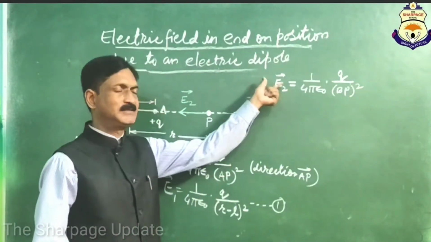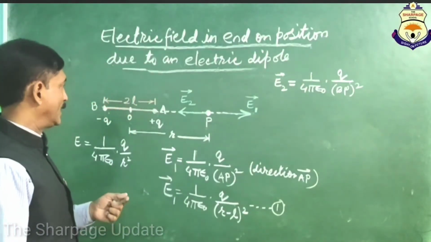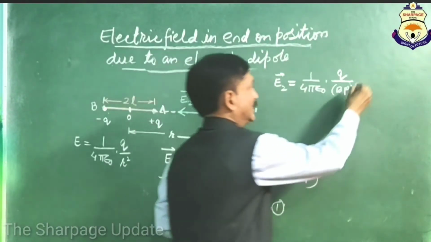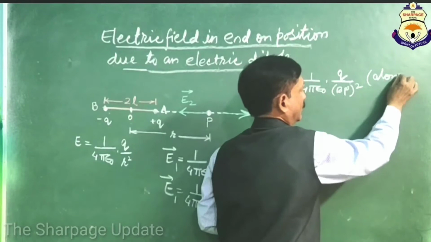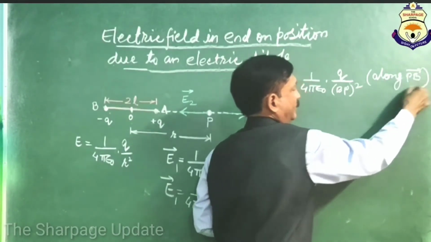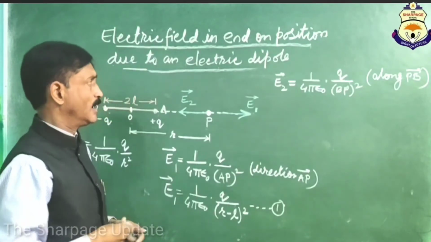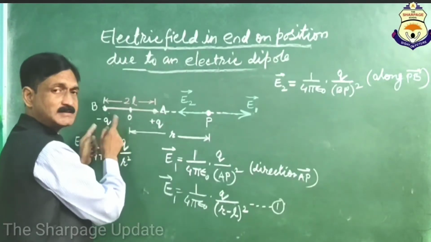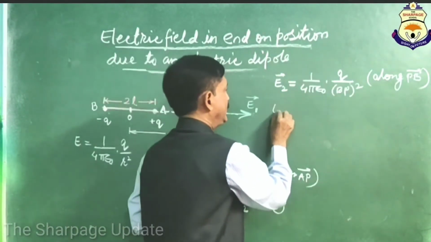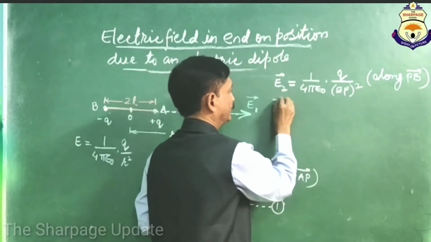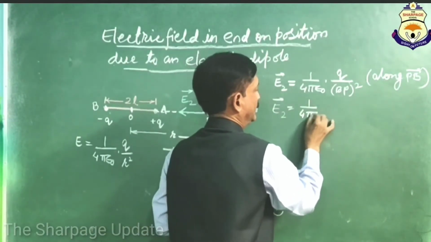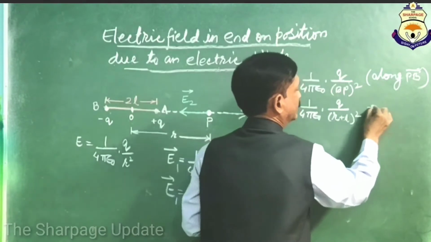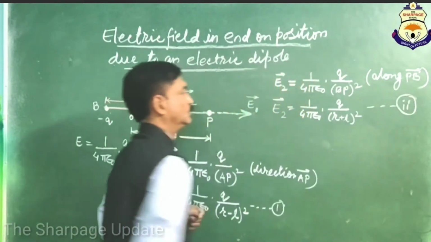And the direction of this electric field, means E2, will be along the PB. Now, BP distance will be r plus OB, means r plus L. So E2 equal to 1 upon 4 pi epsilon 0 into Q upon (r plus L) whole square. So this is equation number 2.